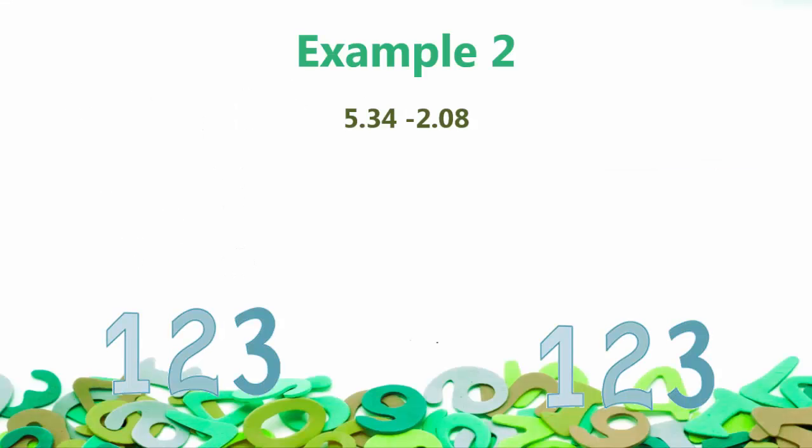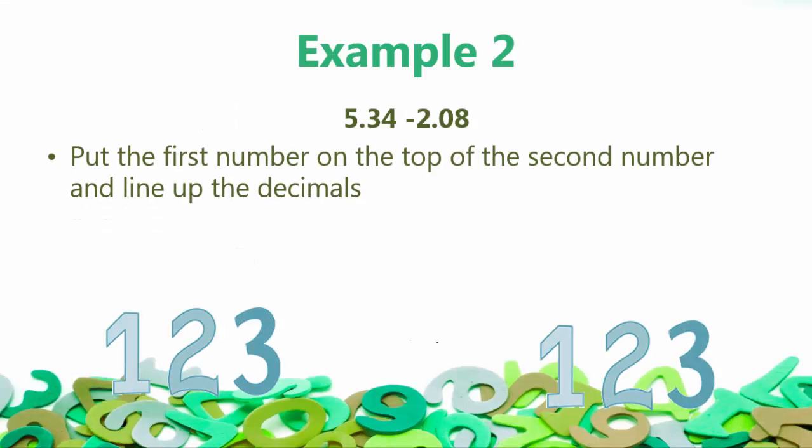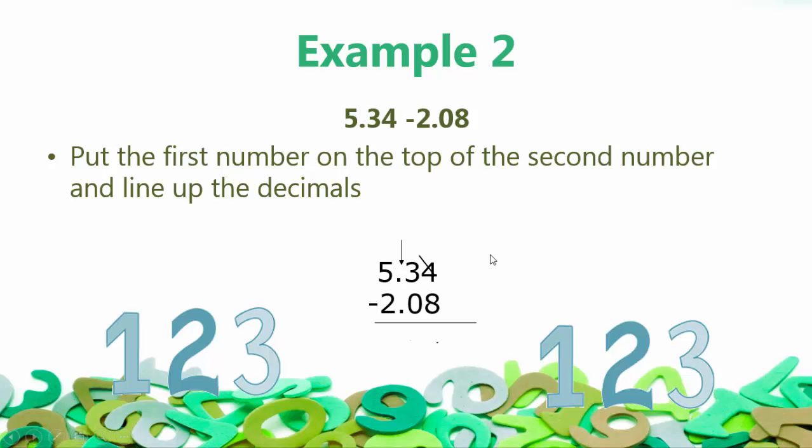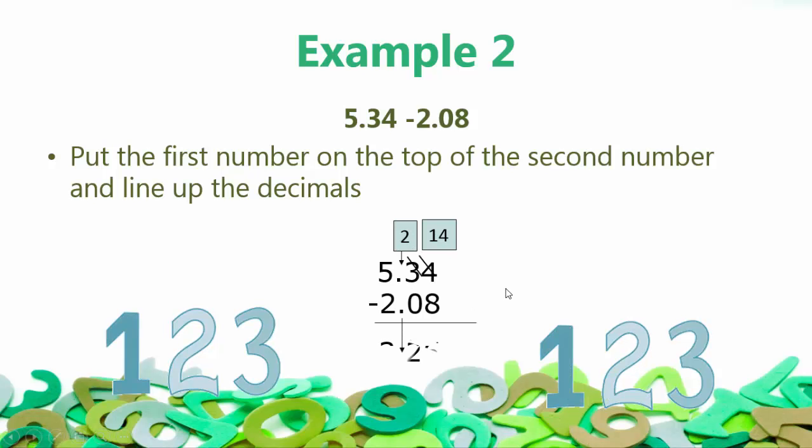Reviewing what we just did on the whiteboard, put the first number on the top of the second number and line up the decimals. So here we did that, and there we line up the decimals. And then we subtract as usual. Since the 4 is smaller than the 8, we have to borrow from the 3, so that we have 14 minus 8, and then we have 2 minus 0.